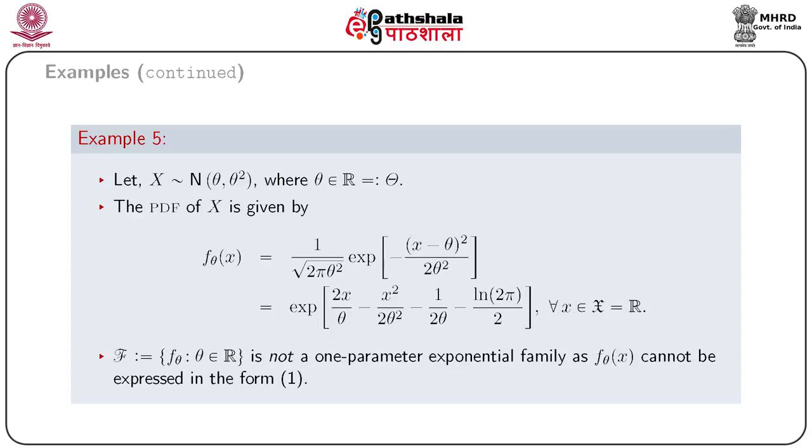If x follows negative binomial with parameters r and p, then the family of distributions of x is an exponential family. If x follows Cauchy distribution with parameters theta and 1, then the family of distributions is not a one parameter exponential family. If x follows double exponential distribution with parameters 0 and theta, then the family of distributions is not a one parameter exponential family.